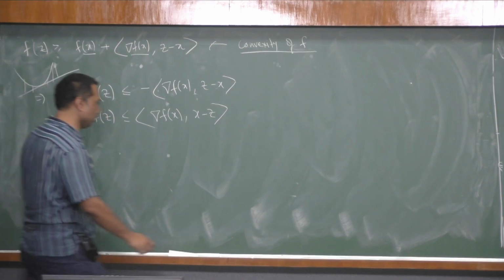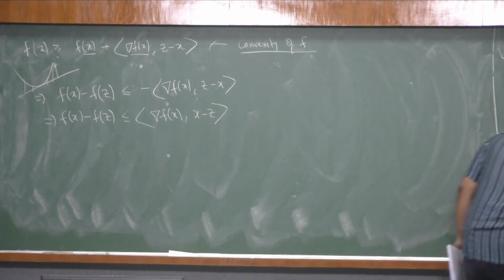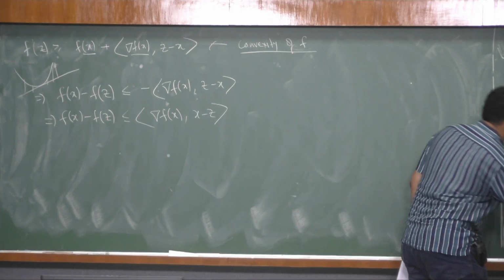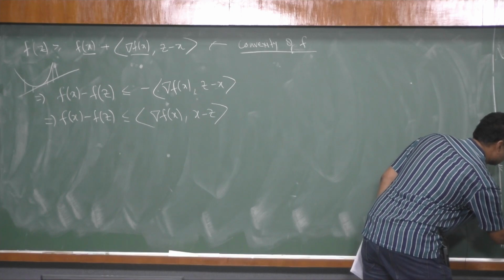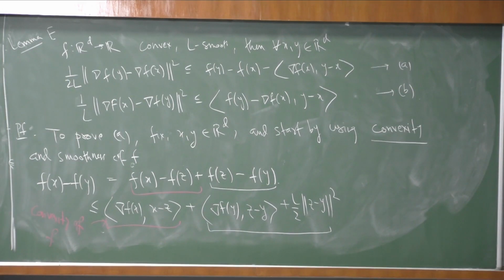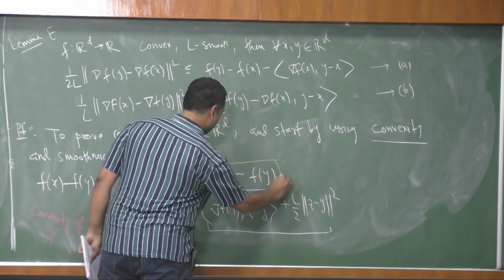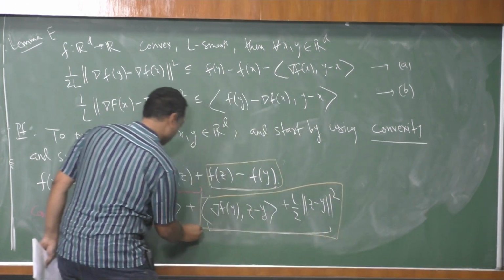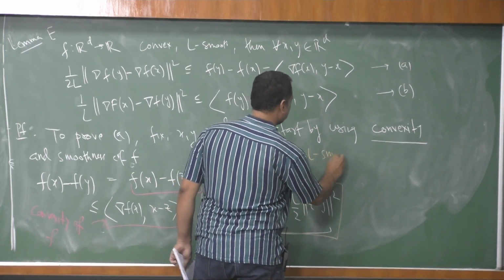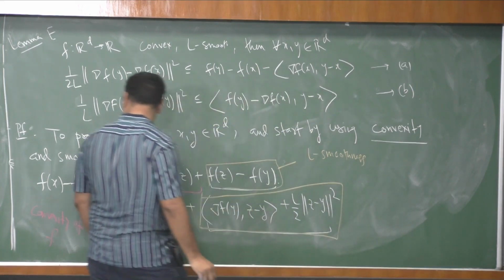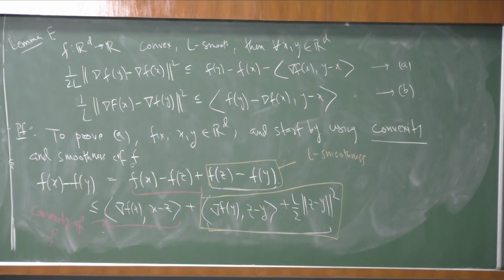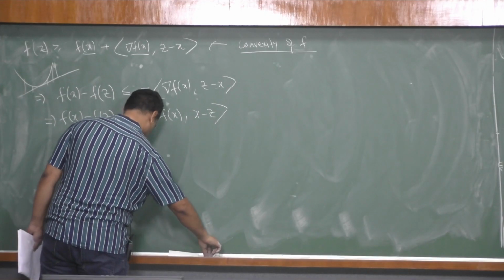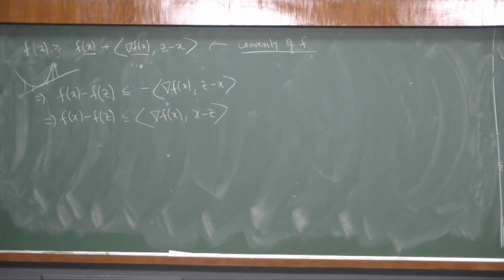So this guy is the convexity of f we have done just now. These are from convexity of f, and these guys are smoothness, L smoothness. So we have figured this out. That makes sense. What we wrote is correct.